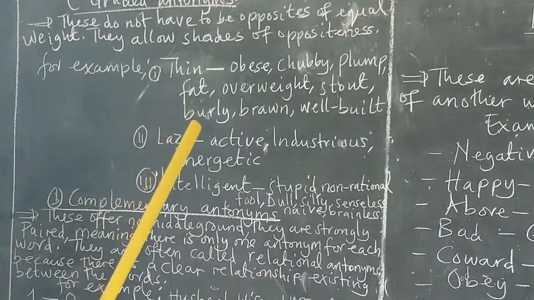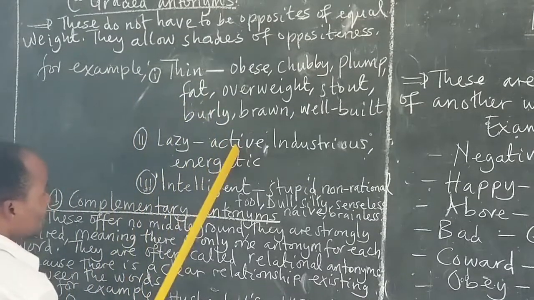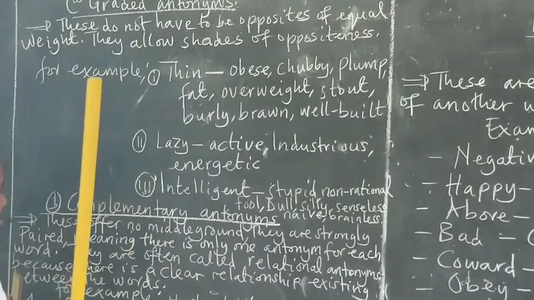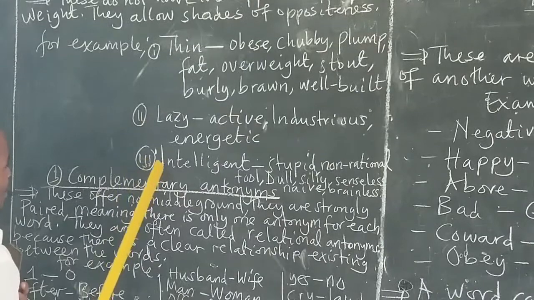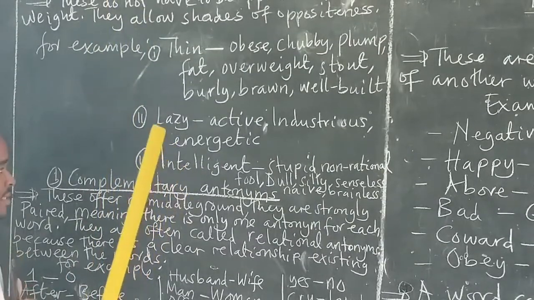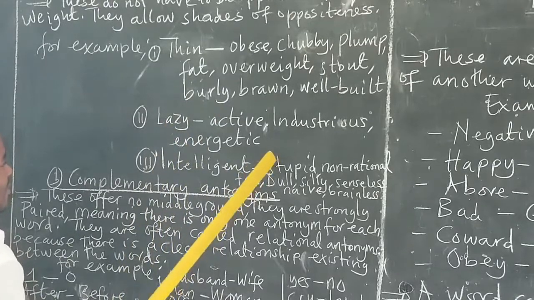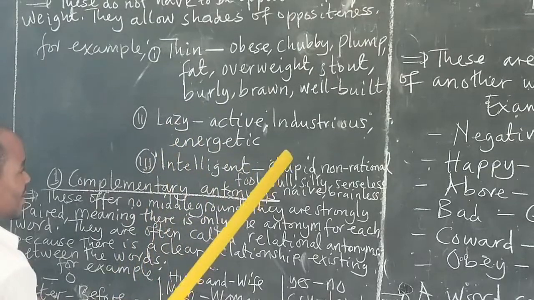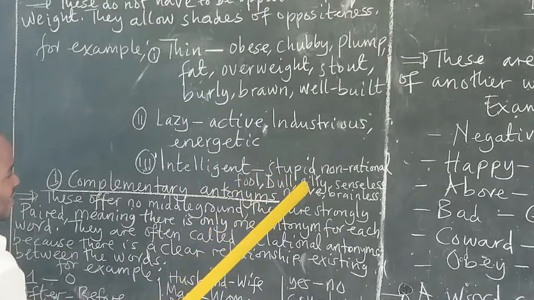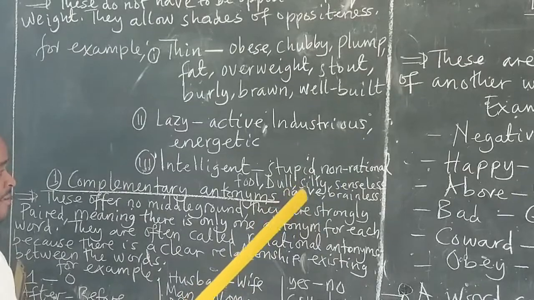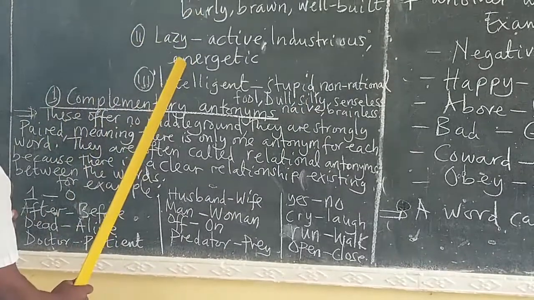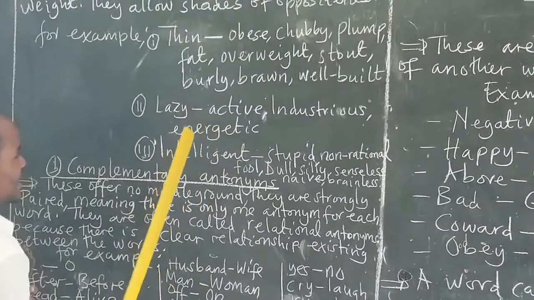Lazy can have an opposite of active, industrious, and energetic. Then we move to the last example for graded antonyms, which is intelligent. The opposite of the word intelligent is stupid, non-rational, fool, dull, silly, senseless, naive, brainless. So these are the opposites of the word intelligent.